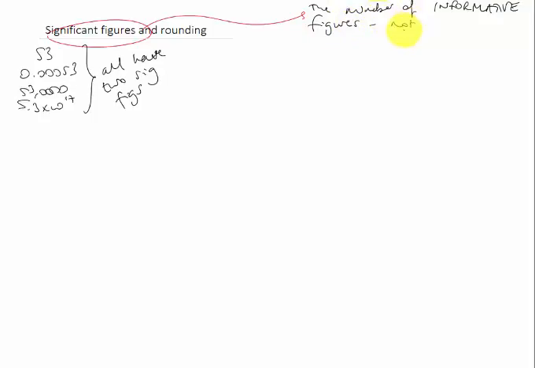So that's not including leading zeros. What do I mean by that? All these are leading zeros or trailing zeros.